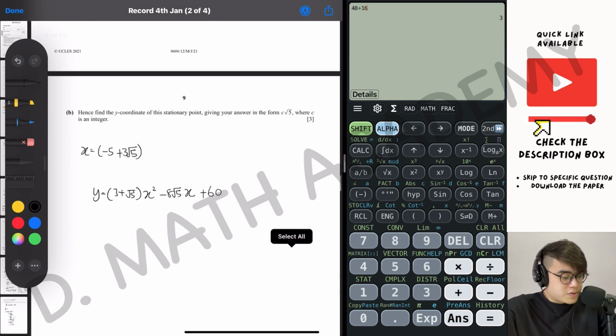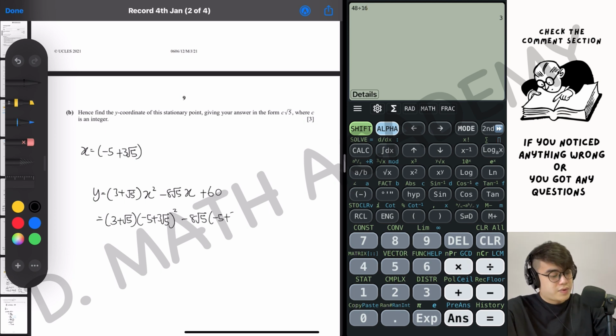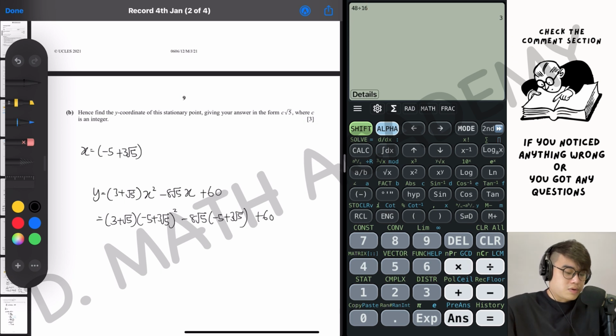Okay, so let's put it in. 3 plus square root 5, negative 5 plus 3 square root 5 squared, minus 8 square root 5, negative 5 plus 3 square root 5, and plus 60. So let's complete our calculation.